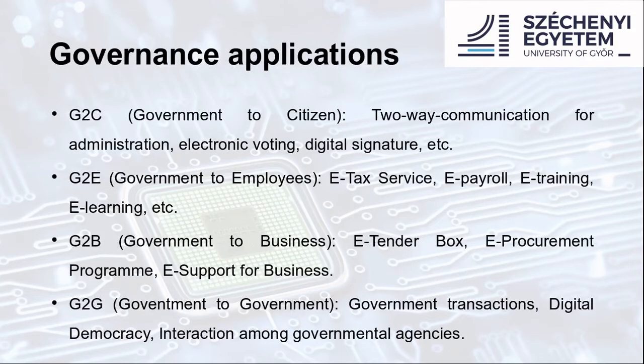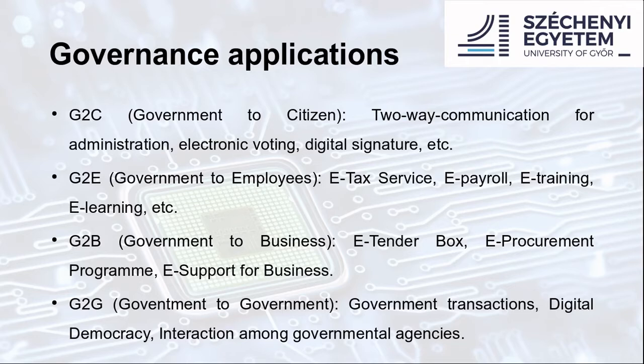Governance utilization can be divided into four categories. G2C is a two-way communication for administration, electronic voting, digital signature, and others. G2E is used for e-tax service, e-payroll, e-training, e-learning, and many others.